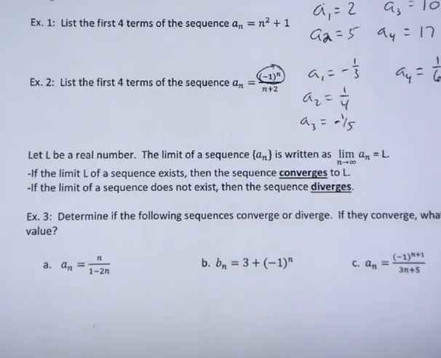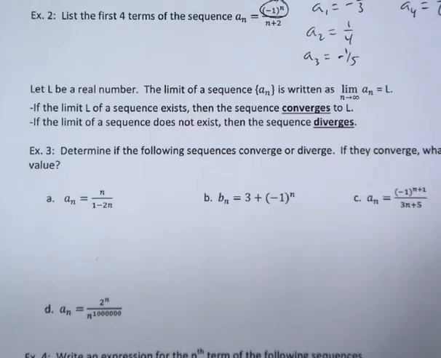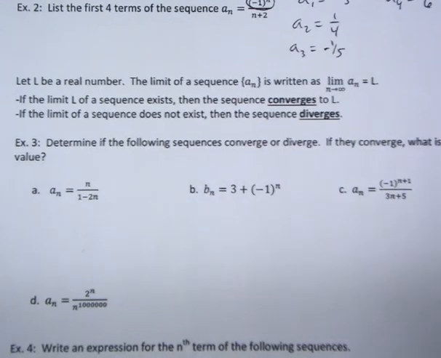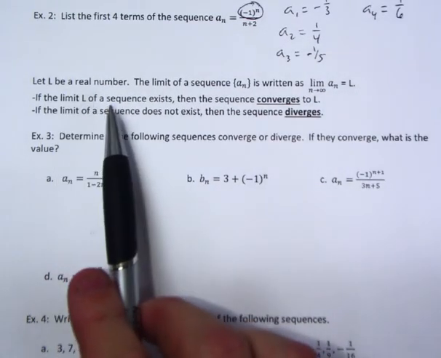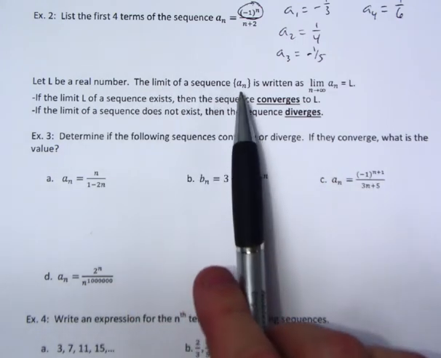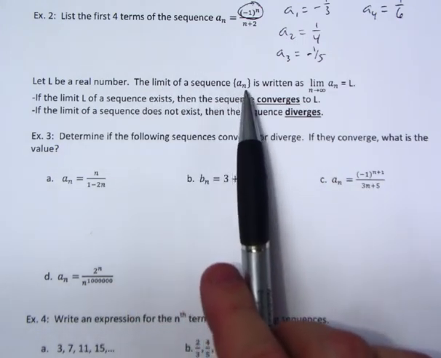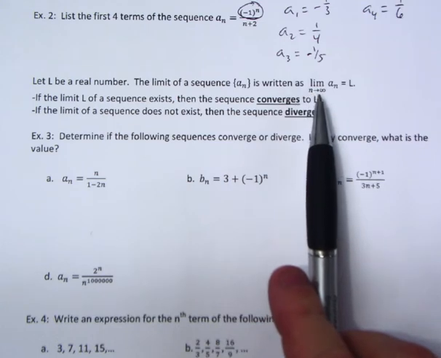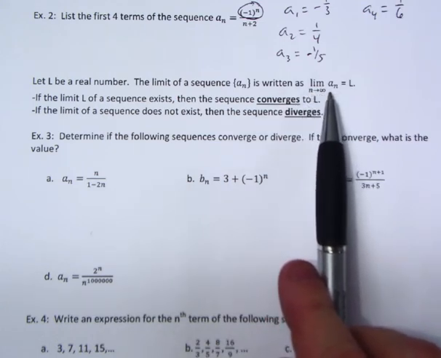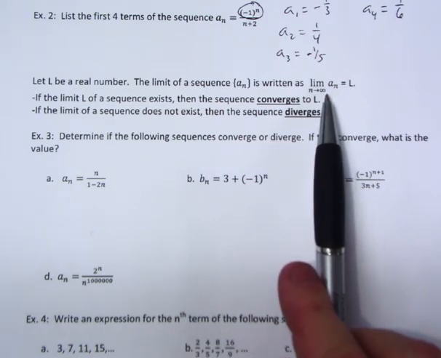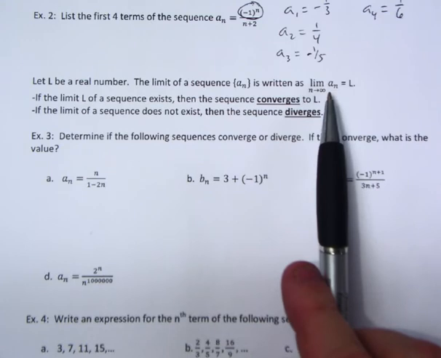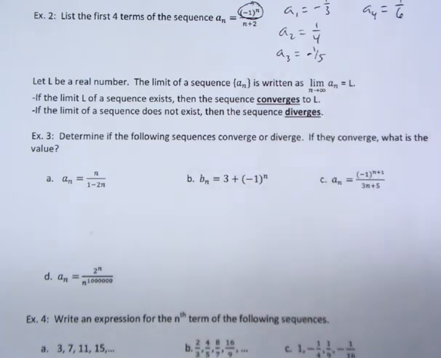Okay, let's talk about a sequence converging or diverging, what that means, and how we find out. It says let L be a real number. The limit of a sequence, meaning if we expand all the terms out, is written like this. Notice it says n going to infinity. So we want to see plugging in not just like the 100th term, but like the infinitieth term, which is just conceptual, like getting way out there.